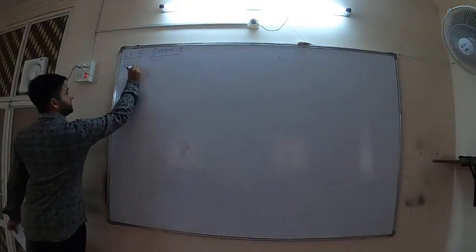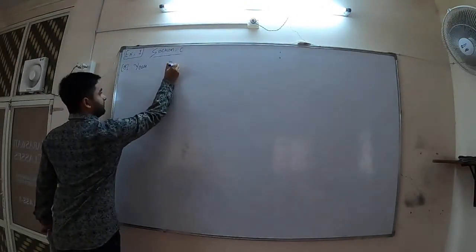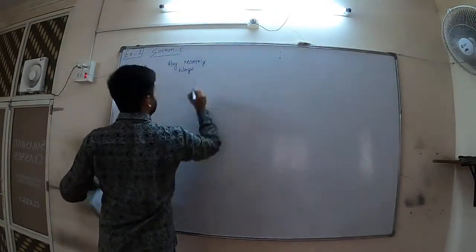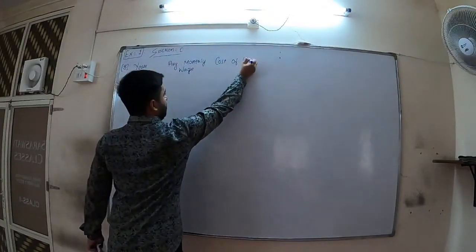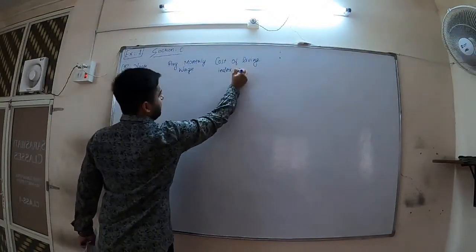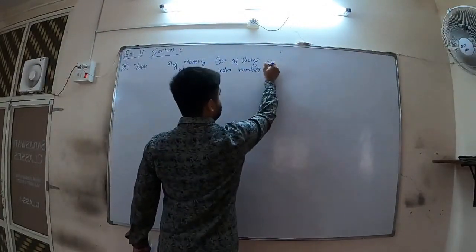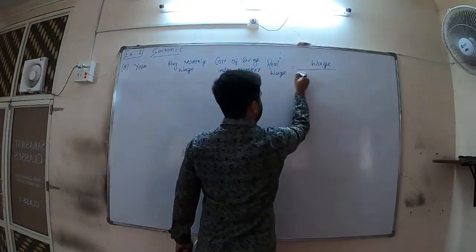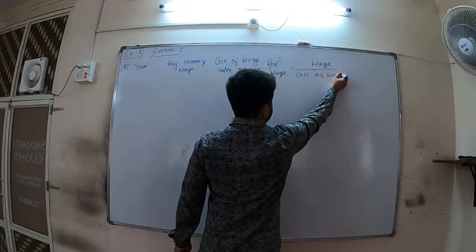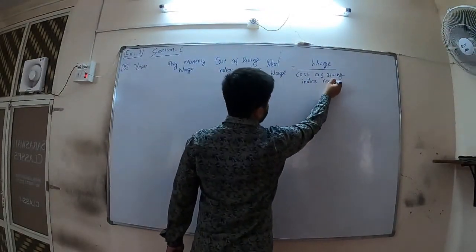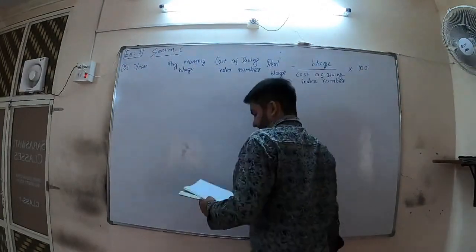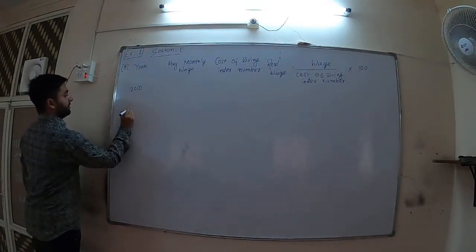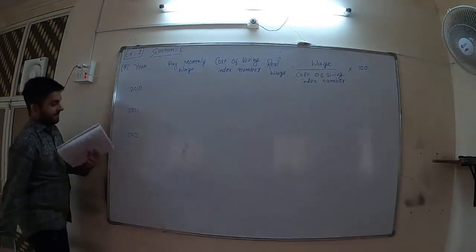Okay, first I am making the columns. Year, average monthly wage, then cost of living index number, then real wage, which is equal to wage upon cost of living index number, multiply 100. Now the years 2010, 11, 12 and 13.